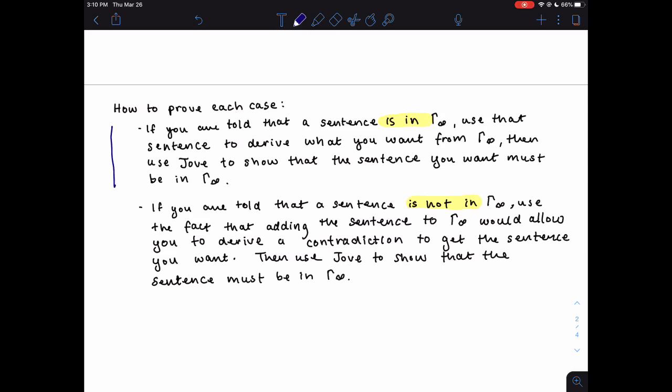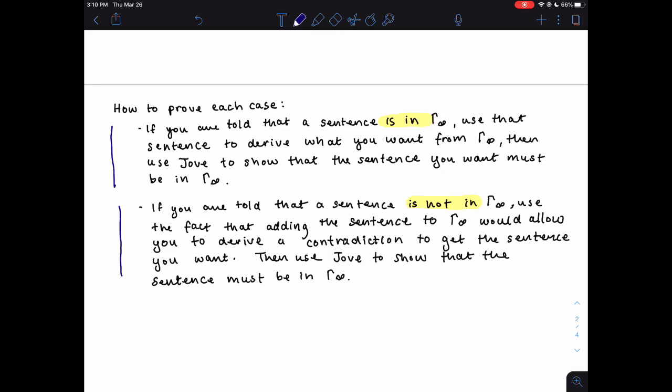Because ultimately we want to prove claims about membership in gamma infinity. Now, in the second scenario, if you are told that a sentence is not in gamma infinity, then you use the fact that adding the sentence to gamma infinity would allow you to derive a contradiction to get the sentence you want, right? Whenever you get a contradiction, you assume the negation of the thing that you want, reiterate the contradiction, and discharge the thing that you want.